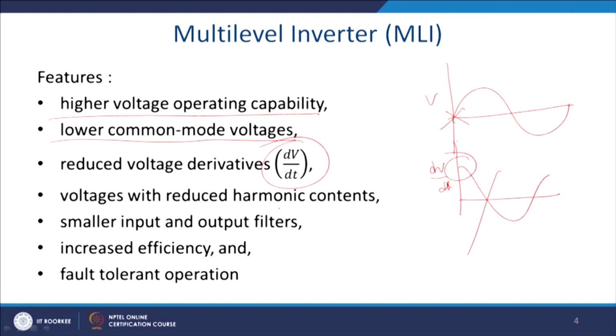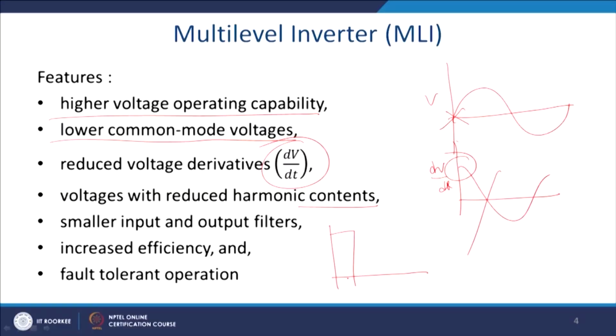Voltage with reduced harmonic content, it is because you know what you want. You want maybe a particular voltage, 42 volt let us say. Your DC bus voltage is 100 volt. So, you will manage the volt-area balancing, because you can apply only 100 volt for some time, and you will say that this area and this area are equal.